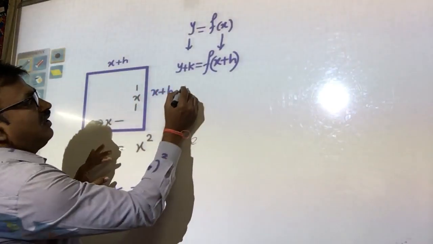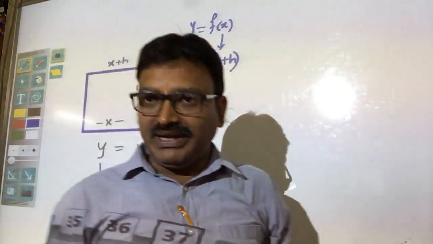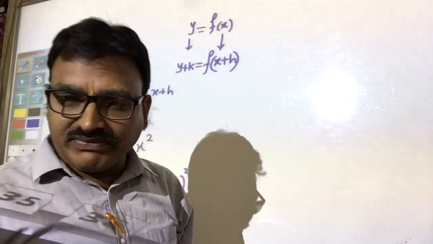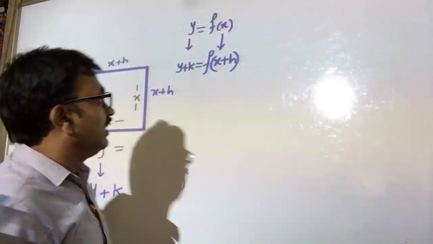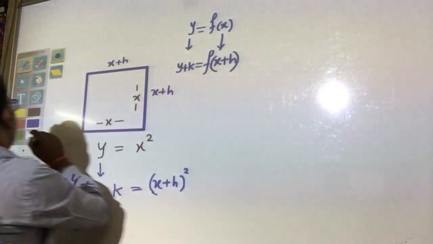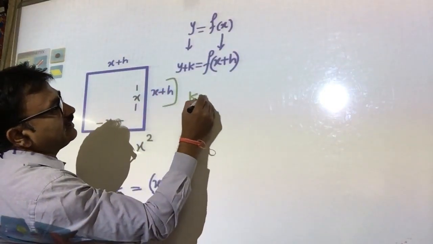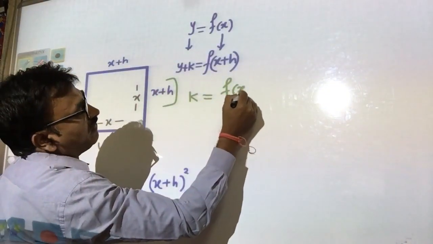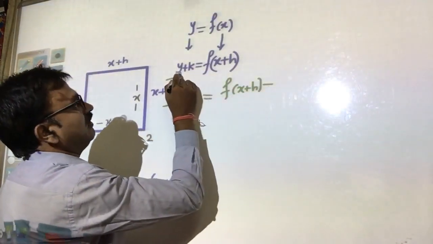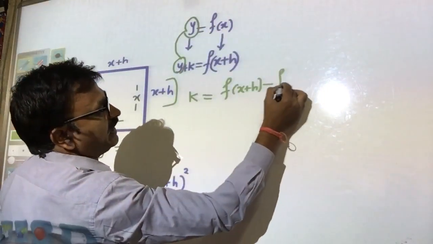It means now we will continue this differentiation procedure. How will we find the differentiability of a function at a point, or how can we find the differentiation at x? So students, if we continue this procedure, k is equal to f(x plus h) minus y, but y can be written as f(x), so it is minus f(x).